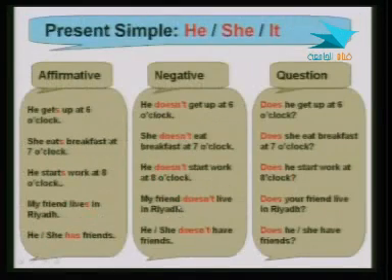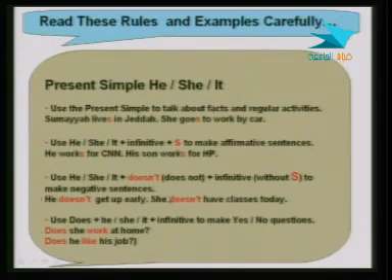Notice the helping verb does, and then the negative word not, have classes today. She doesn't have classes today. The final point is this: use does. Now we want to know how to form a question when the subject is he, she, or it.